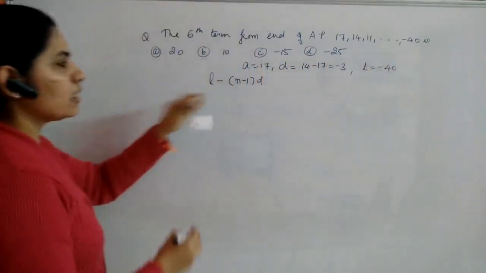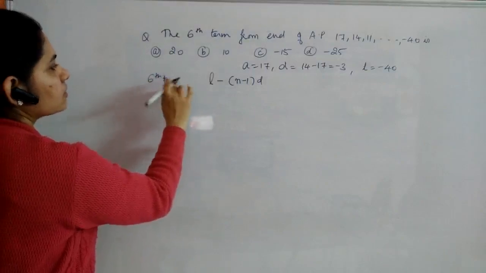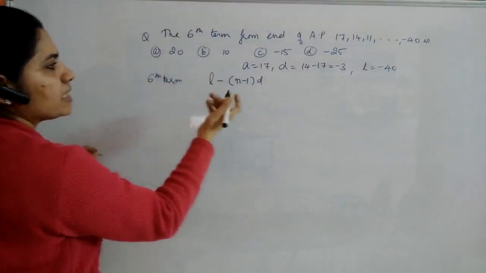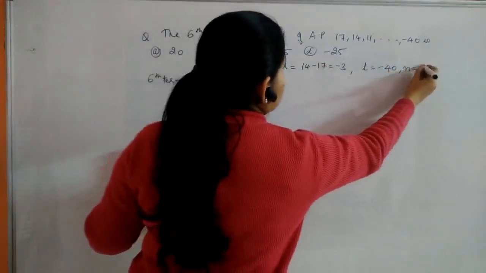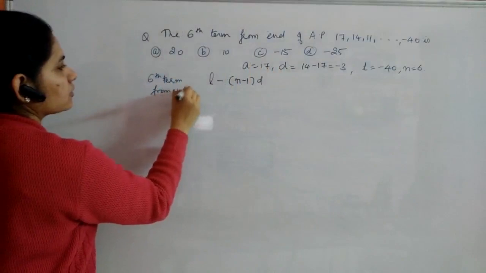So using this formula will give you that sixth term from the end directly, where you can replace your n with 6 here. Okay, sixth term from the end.